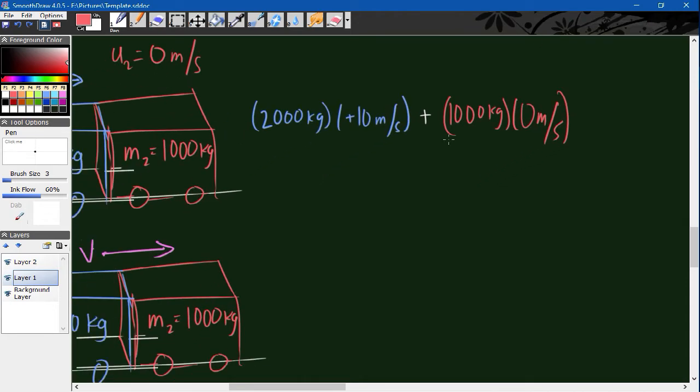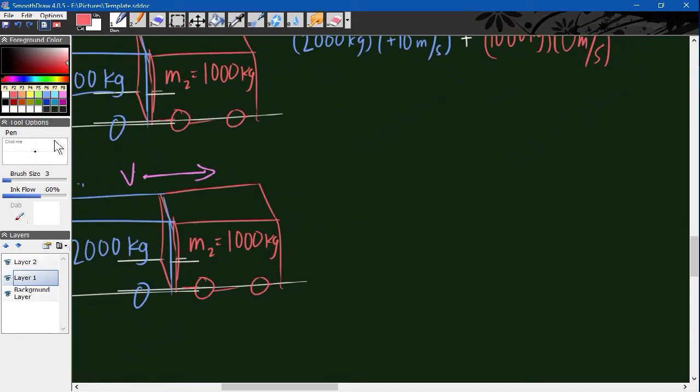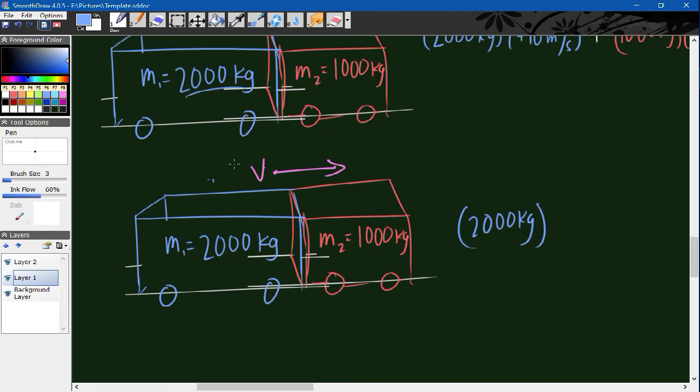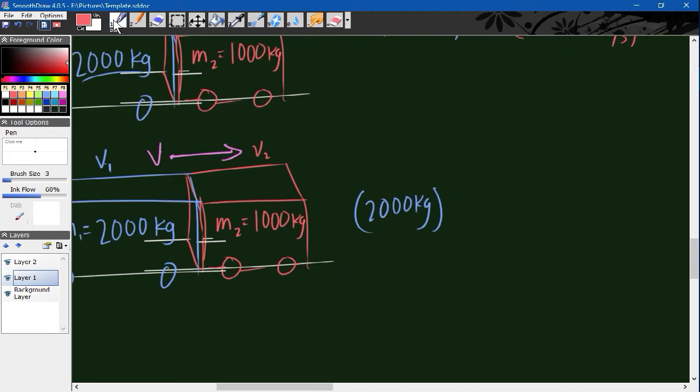This is the initial momentum of the system, and the final momentum of the system would be 3,000 kilograms. Since they stuck together, they should be moving at the same velocity. So the final velocity of the blue car is equal to the final velocity of the red car, and they should be equal to the common velocity, this purple v right here.